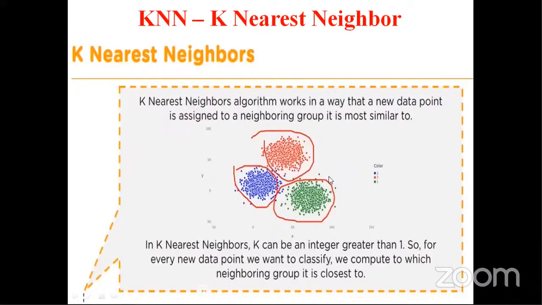If you consider a new data point, it will be assigned to the neighboring group. Neighbor means which is very near, nearest group. It is almost similar, meaning the features are almost similar, so based on that it is going to assign it to the nearest group, that is the neighbor group.